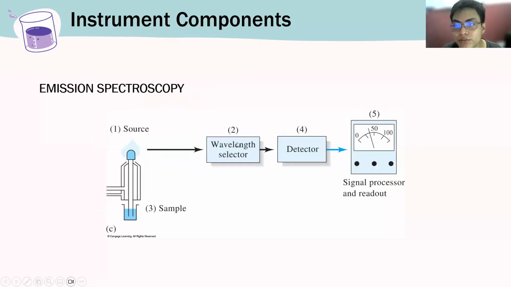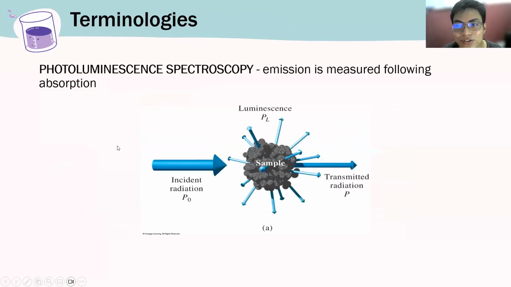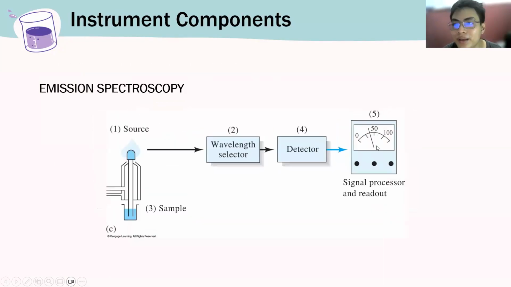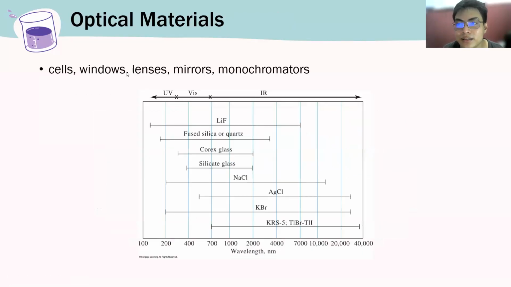Pagdating sa emission, the wavelength selector comes after the sample. So magkatabi yung wavelength selector and detector. Bakit ko in-emphasize to? Ito kasi nasa exam. Kaya kailangan kabisado nyo yung diagram. So yun lang yung context ng tatlong uri ng spectroscopy.